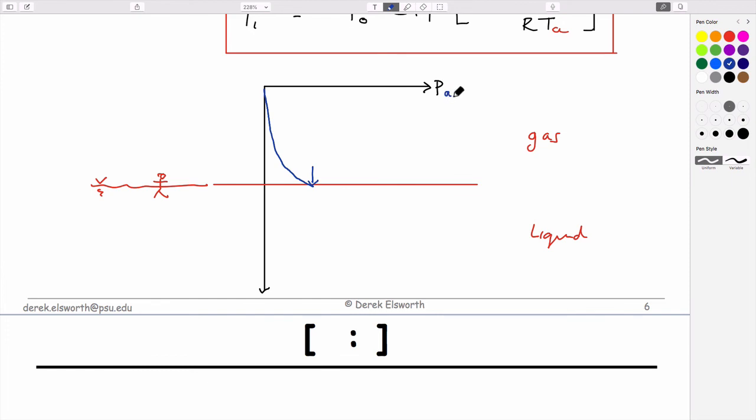In terms of absolute pressures, this would be 101 kilopascals, which is atmospheric sea level. This would be a very small number up here. And within the water, it would start off at this, and it would look like this.